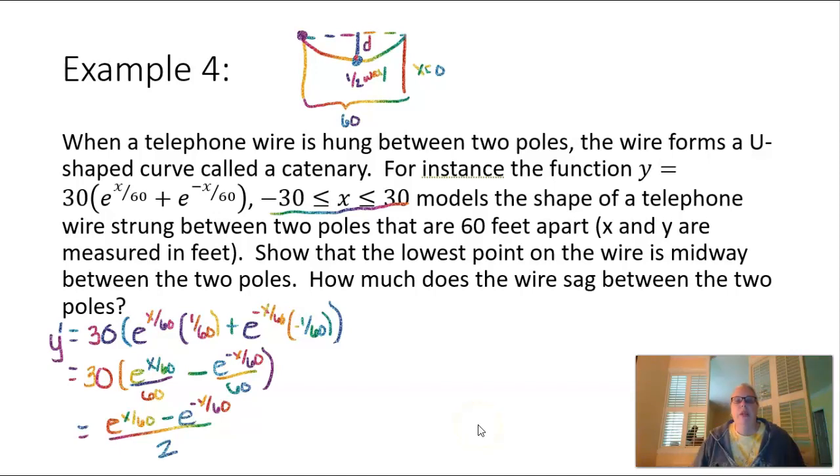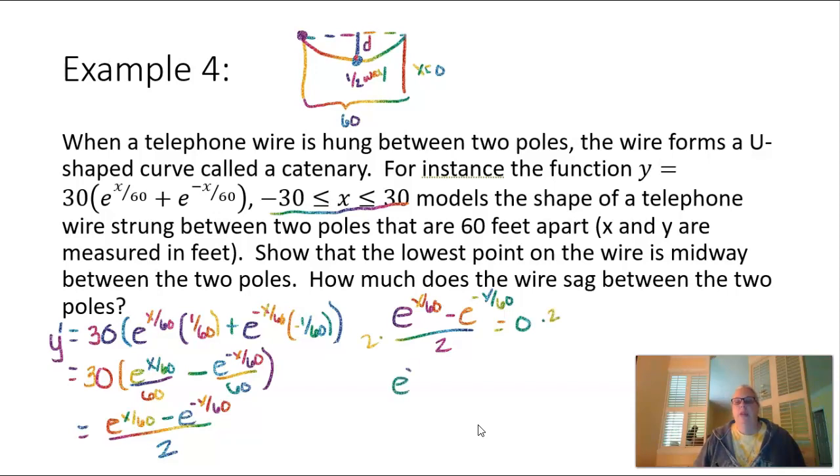Okay, to find critical points, now we need to take our first derivative and set it equal to 0. So we'll have e to the x over 60 minus e to the negative x over 60, over 2, set equal to 0. I think the first thing I'm going to do is multiply both sides by 2.